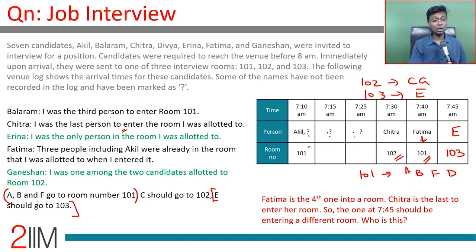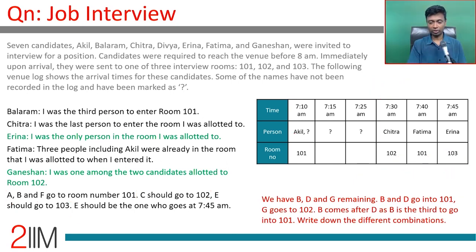Balram says he was the 3rd person to enter room number 101. So let's just recap this. In 101, we have A, B, D, F. F is the 4th. So Balram enters after A, definitely, but after D also.